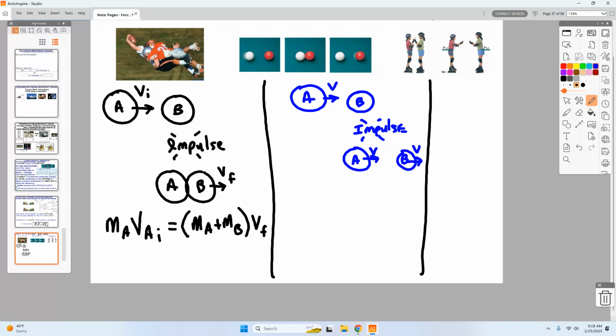This is probably the most complicated of the three different kinds of scenarios we could look at, because we could have more terms than just this here. So if I were to write the equations for this, that portion would represent the momentum before any collision occurred.